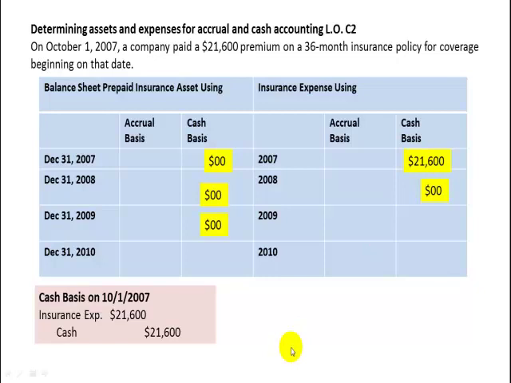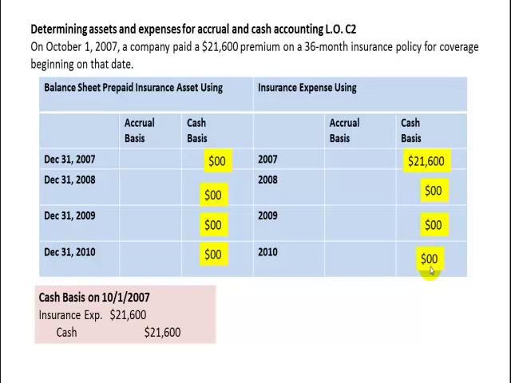For 2009, same thing on the balance sheet. There's not anything listed under assets, and as far as expenses, nothing there because again it was all done in 2007. As far as 2010, it's zero on the balance sheet for assets, and 2010 cash basis expenses are going to be zero there.